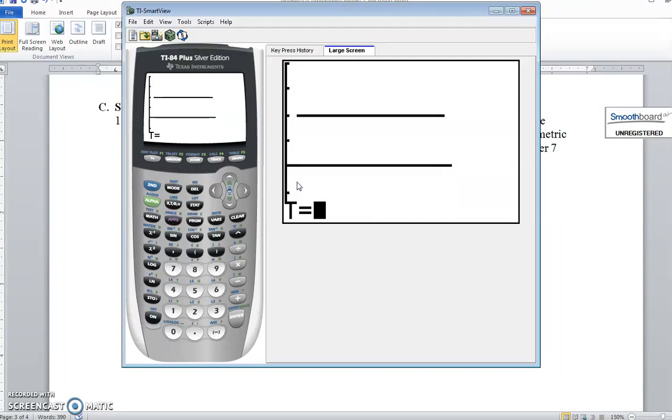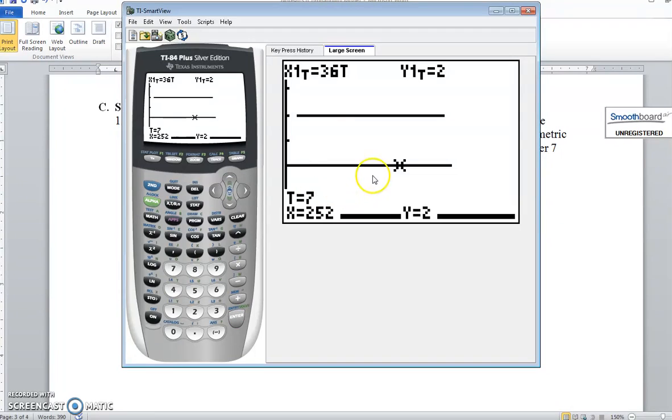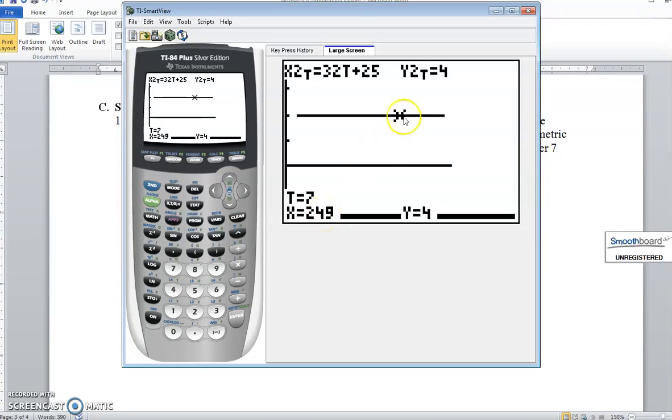We want to know what's going on when t equals 7. It tells us that Mike, the bottom person, was at 252 feet. If I scroll up, Ike on the top was at 249 feet.